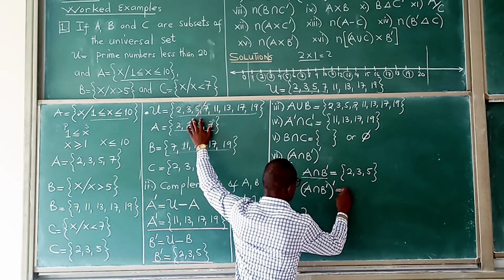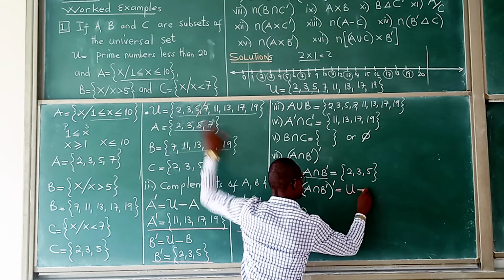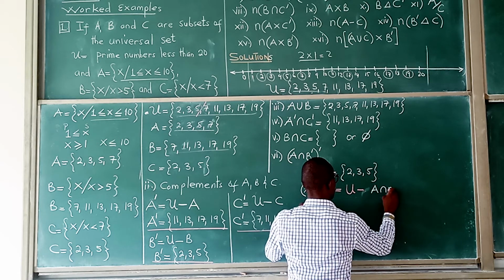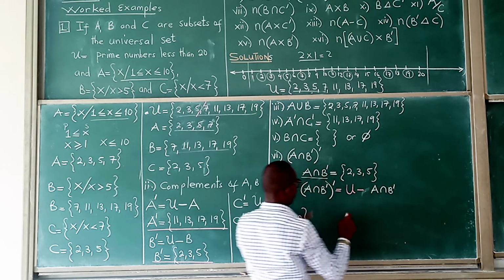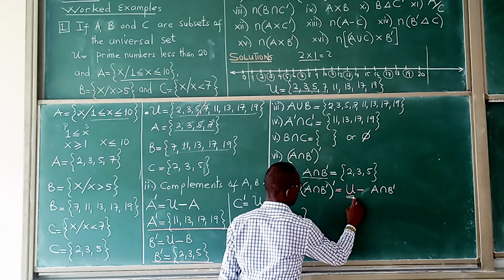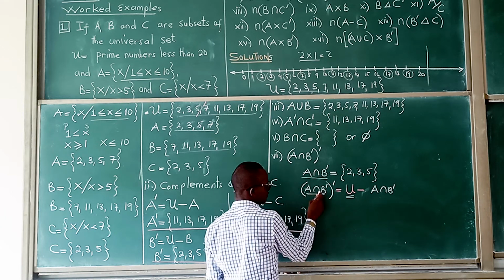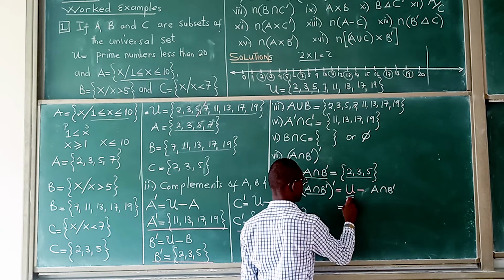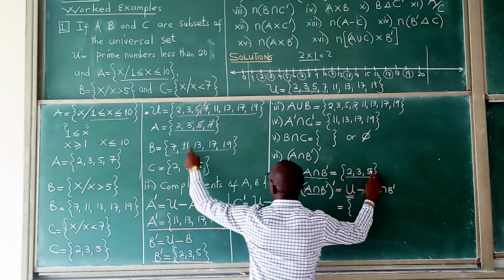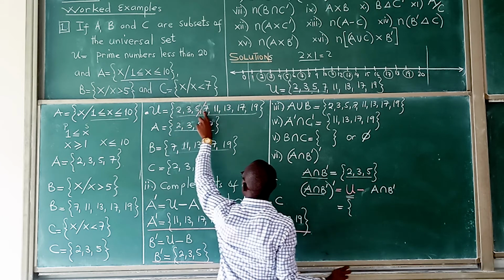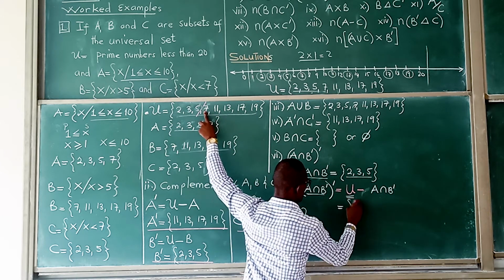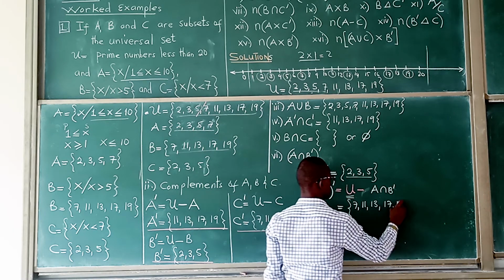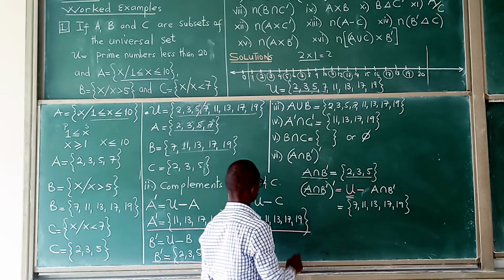So if we say the universal set minus A intersect B prime, all those elements that are within the universal set that are not within A intersect B prime, which is this set. So if we look there now, we will have 2, 3, and 5. So the rest of these elements are the complements. 7, 11, 13, 17, 19 are all the complements.